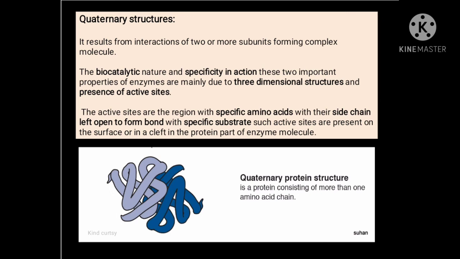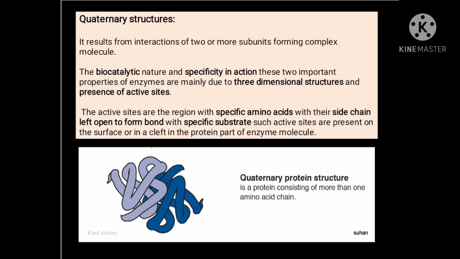After completion of the tertiary structure, the last structure is the quaternary structure. It results from the interactions of two or more subunits forming a complex molecule. The biocatalytic nature and specificity in action, these two important properties of the enzymes, are mainly due to the three-dimensional structure and the presence of such active sites.